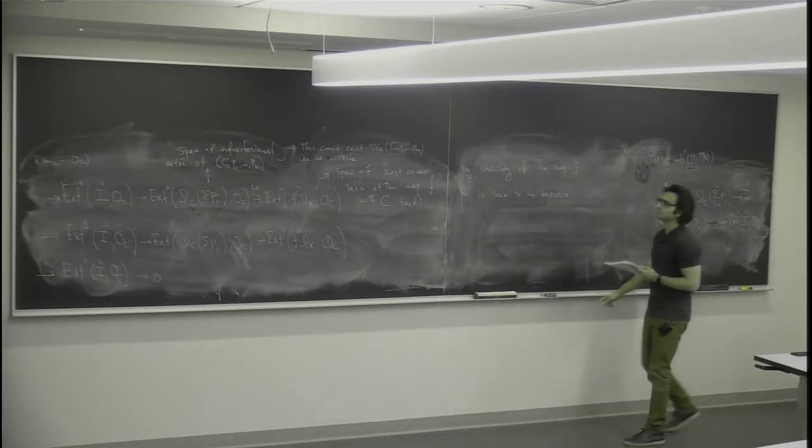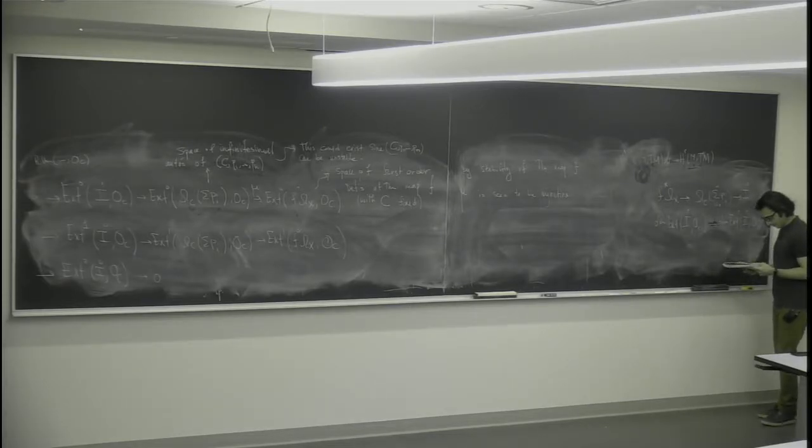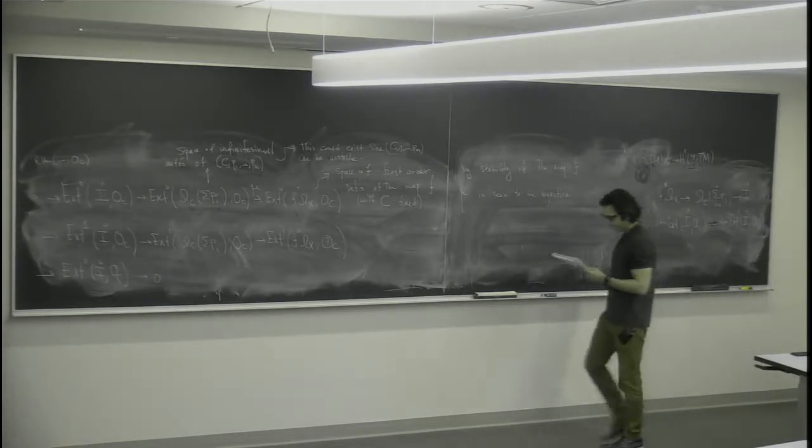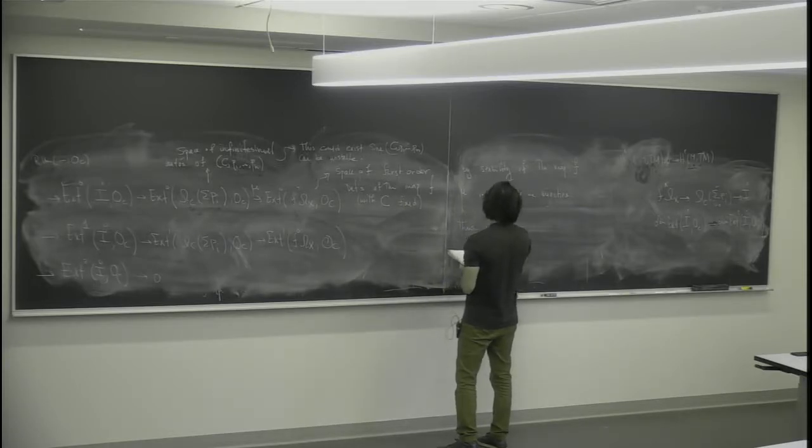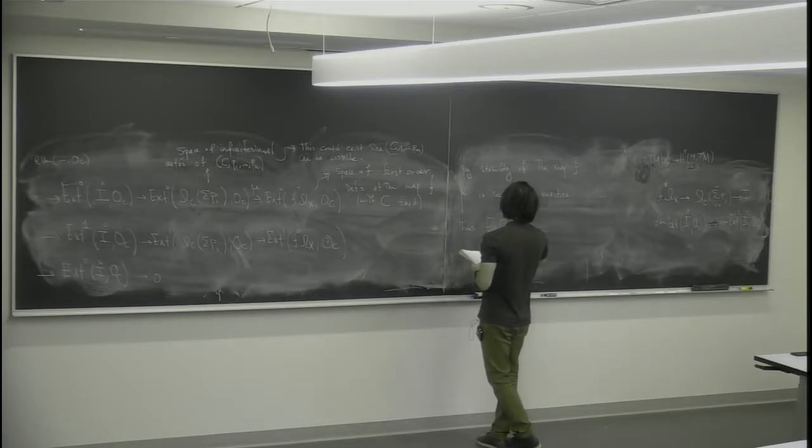Thus, x0 of r dot OC is equal to 0. Okay, so that piece is equal to 0.